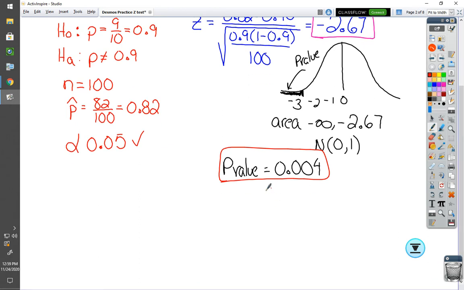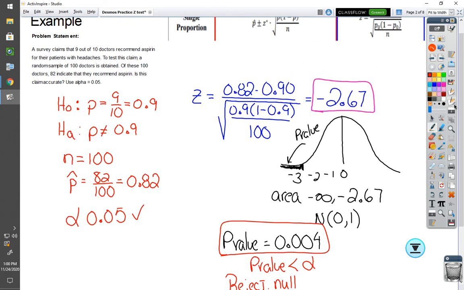So the determination will be that the p-value is smaller than the alpha level. Therefore, we would reject the null hypothesis in favor of the alternative hypothesis, in that the proportion of doctors recommending aspirins is not 0.9.